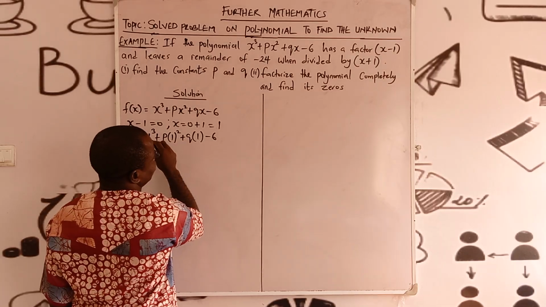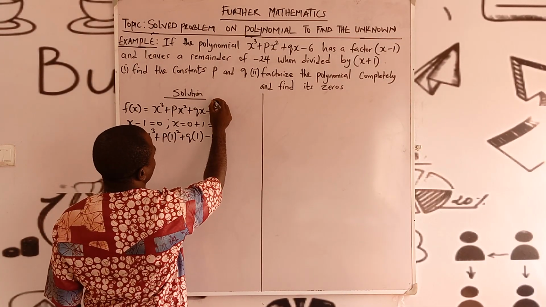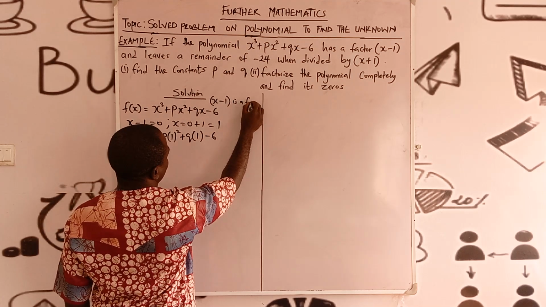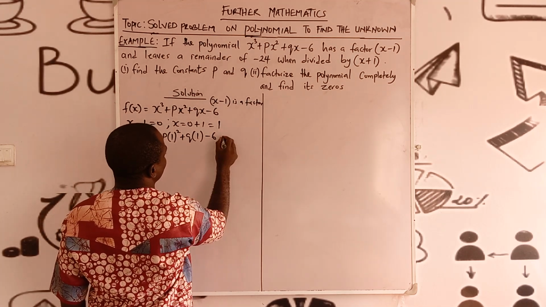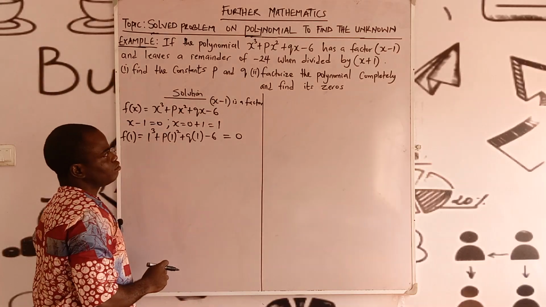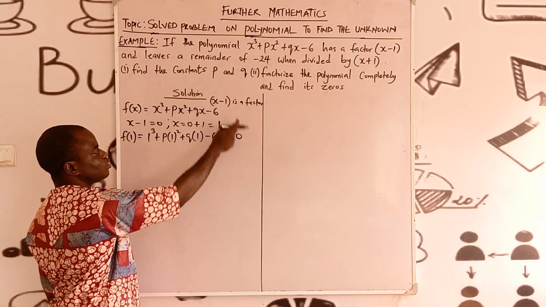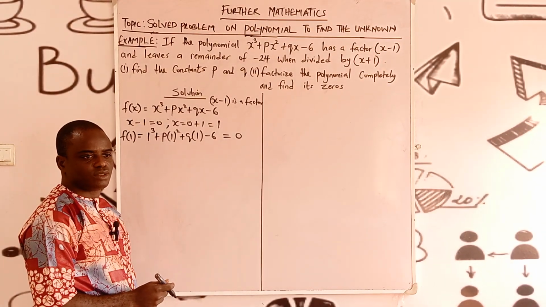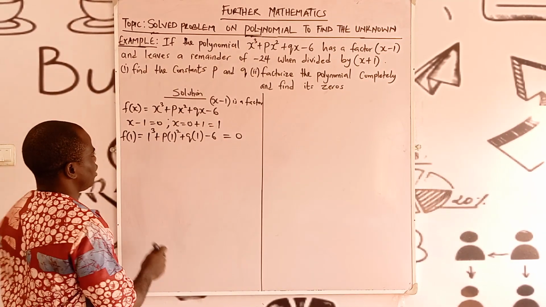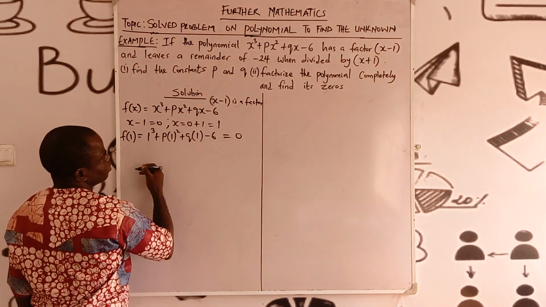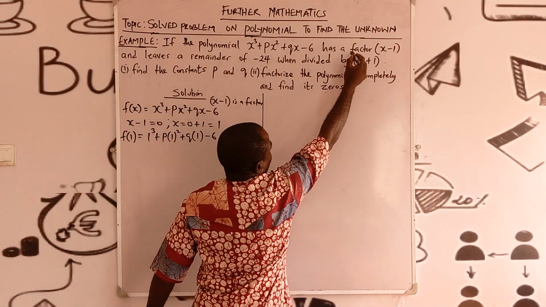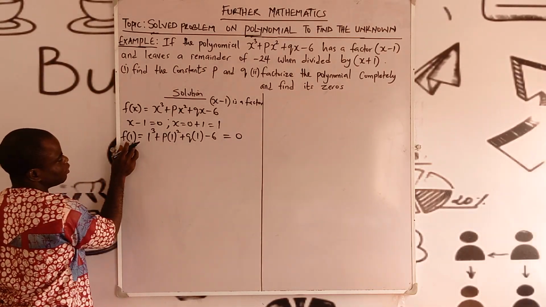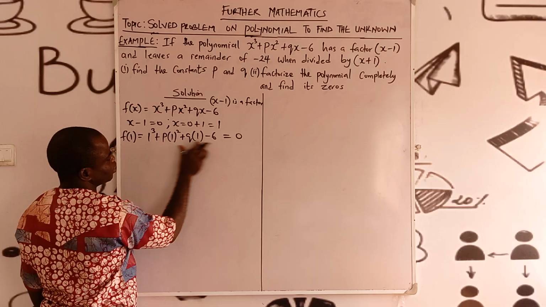Since x minus 1 is a factor, you equate it to 0, because when it is a factor, the remainder is always 0. When you equate it to 0, you forget about f of 1 and concentrate on this expression.